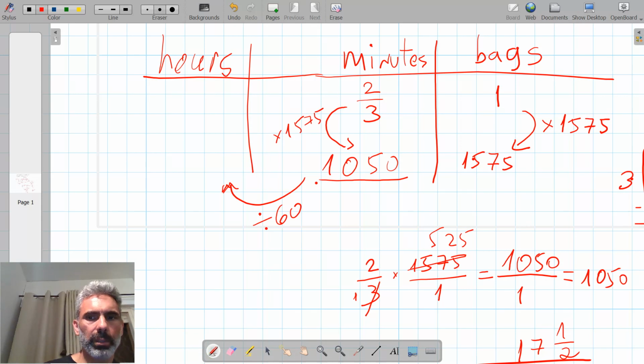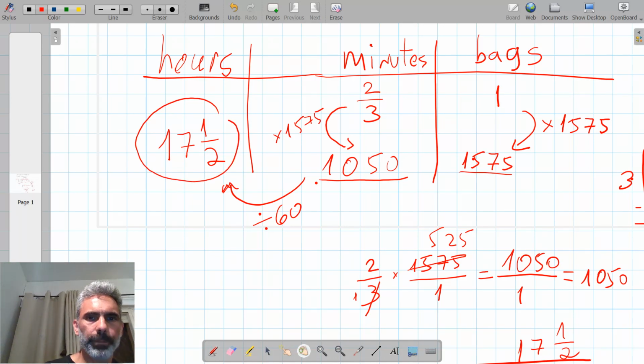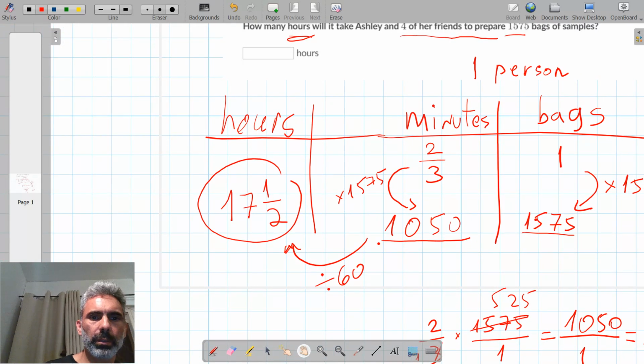So it takes 17, not 70, 17 and 1/2 hours to make 1575 bags, and we need to divide this number.